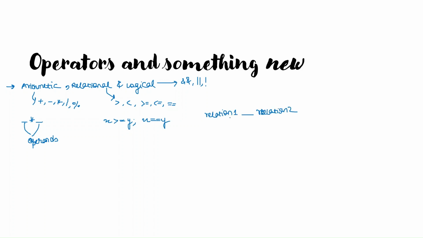Chaining of these operators, two relational expressions, is done by a logical expression. You can really have an and condition here, or you can also replace it with an or, but chaining is done by these logical operators. This exclamation mark can also be used to reverse or to negate the boolean logic.